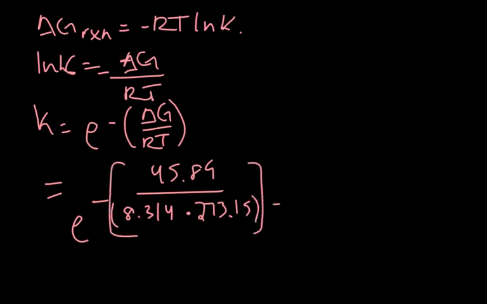We raise e to this, and what we get is 0.9799, but, and there's another 9 there, but again, the question asks for it to 3 significant figures, so it's 0.980. Okay? Hope this helped.